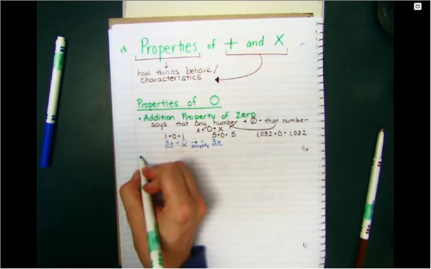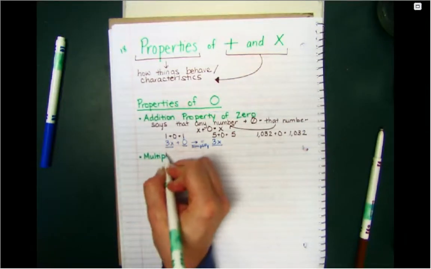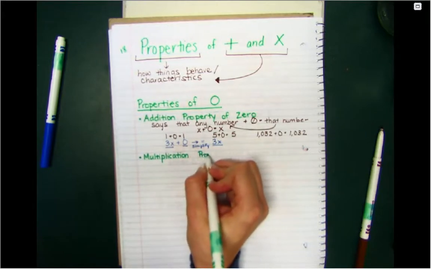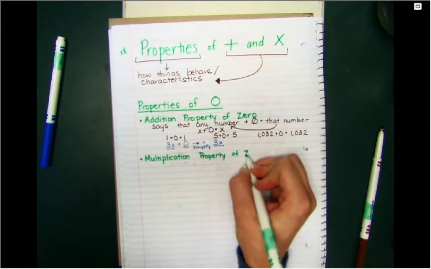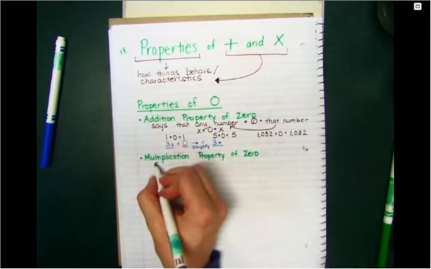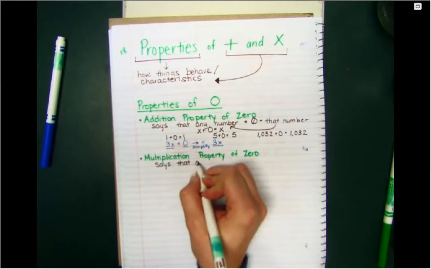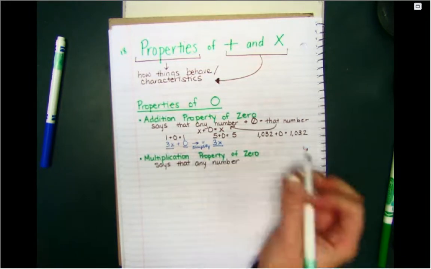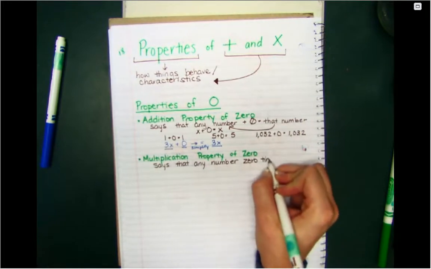The next property of 0 is the multiplication property of 0. And the multiplication property of 0 says that any number times 0 is 0. I'm going to write that a little differently so it might make sense.